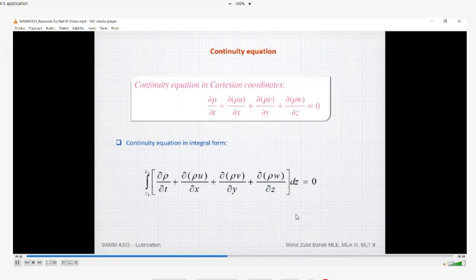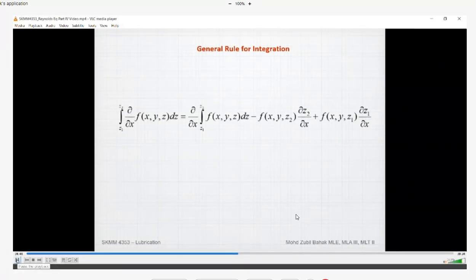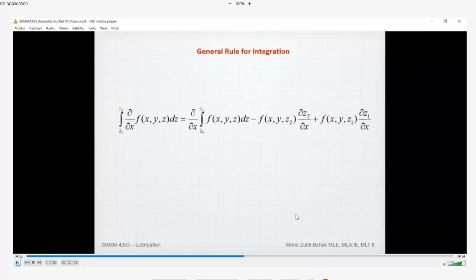This must equal 0. And we have a general rule for integration: if you have the integration of a partial derivative with respect to dz, then we have this rule of thumb for the product of that integration.